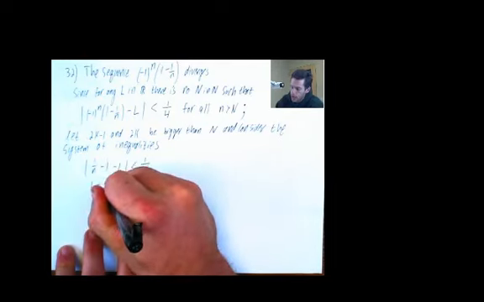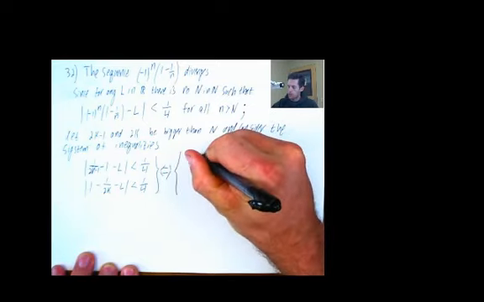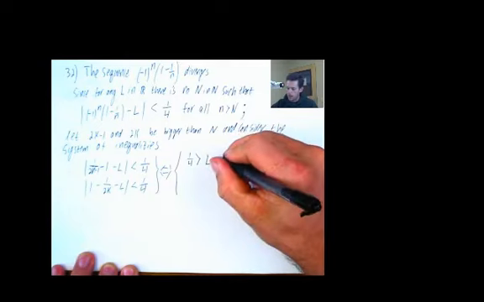It's equivalent to the system, let's see, I can put 1/4 on this side, say 1/4 is bigger than, and I'm going to change the order of L and the nth term of the sequence, I think it will be helpful.